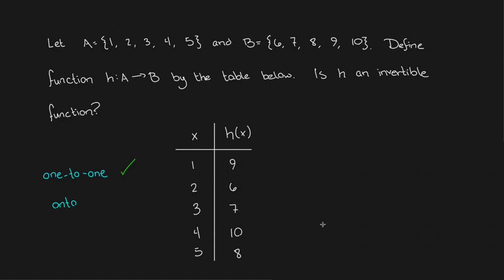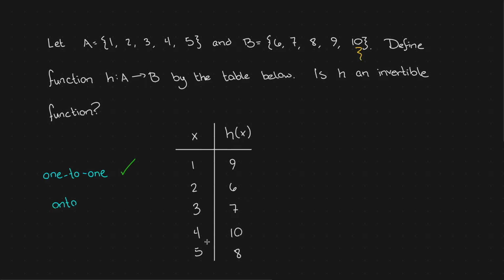Now let's check if it is an onto function. For an onto function, we better be able to map to each one of the values in the codomain. Let's check them one at a time. Do I map to 6? Yes, h of 2 is equal to 6. What about 7? h of 3 equals 7. 8: h of 5 equals 8. 9: h of 1 equals 9.